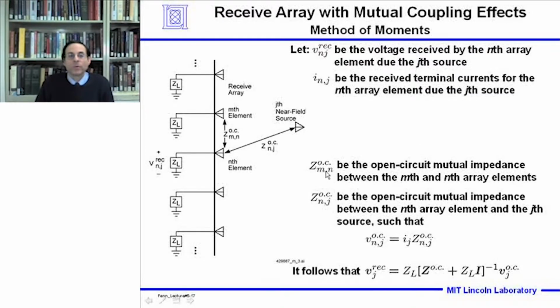We compute the open circuit mutual impedances between all the elements of the array. And then we also compute the open circuit mutual impedance between the nth array element and the jth source. Once we do that, we form a mutual impedance matrix which can be inverted, then multiplied by the open circuit voltage received at each of the elements due to the jth source, solving then for the received voltages. And these voltages are used in the adaptive array process.